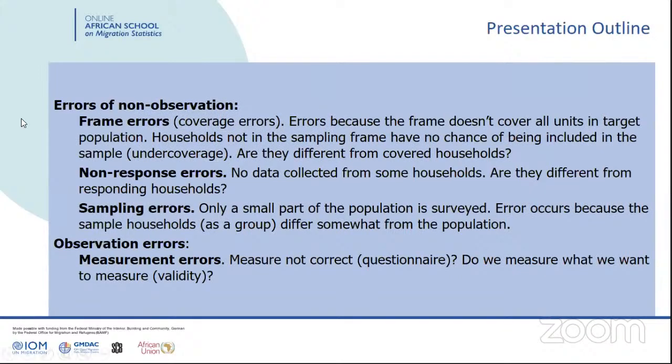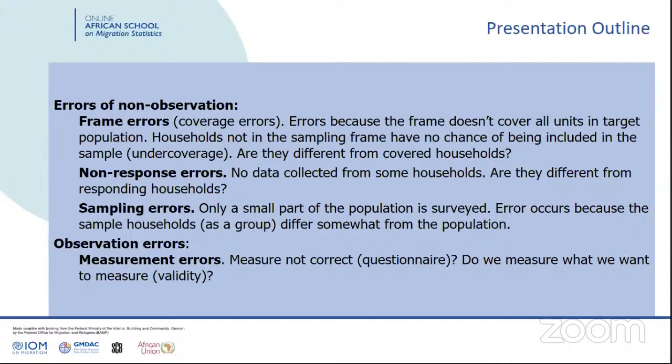So this is what we have briefly touched upon, the frame errors or coverage errors. If there are households, for example, in a household survey, not in the sampling frame, those households will not have a chance of being included.